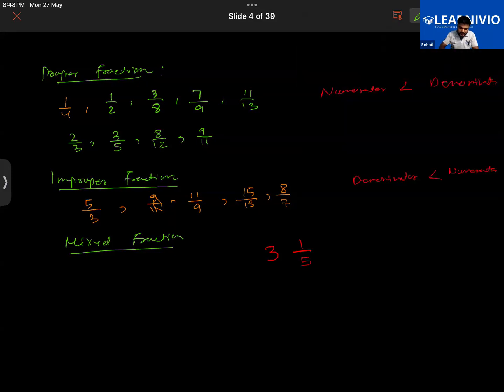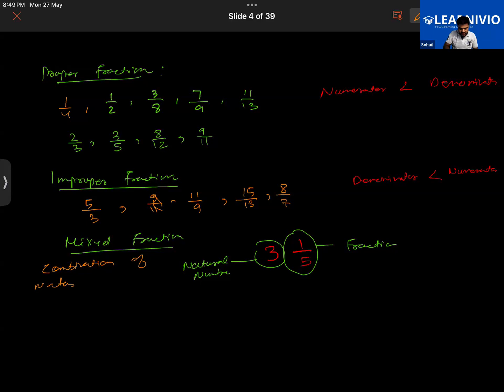Here 3 is a natural number, and 1 upon 5 is a fraction. So we say that a mixed fraction is a combination of a natural number and a fraction. Hope you are getting it.